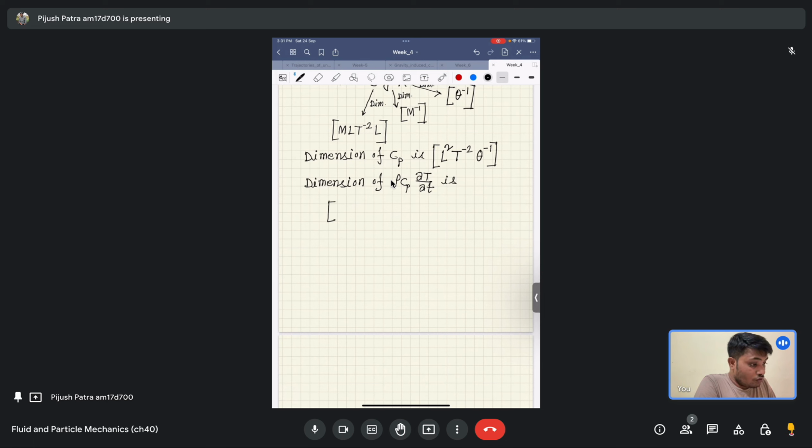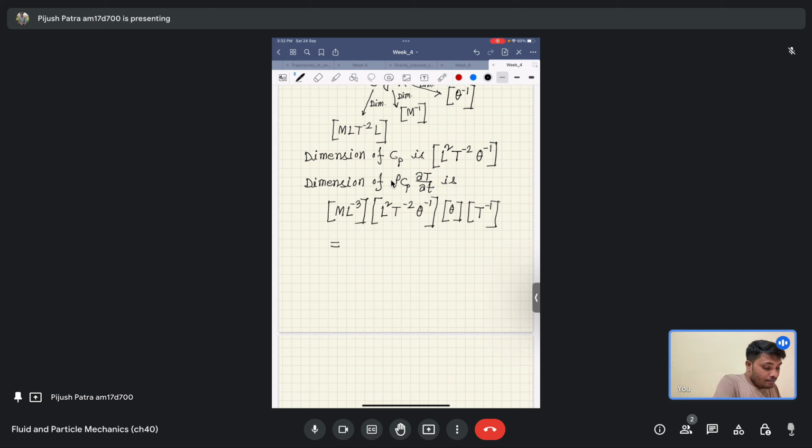So then what is the dimension of rho? Rho is equal to kg per meter cube, m L to the power minus 3. Cp is equal to L square t to the power minus 2 theta to the power minus 1. Then the t is theta and this t is t to the power minus 1. Am I right? So what is this coming?